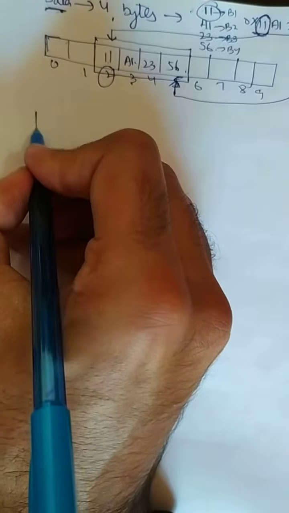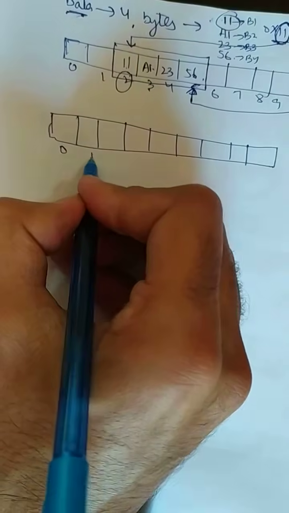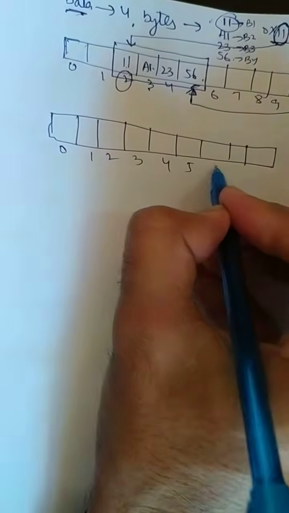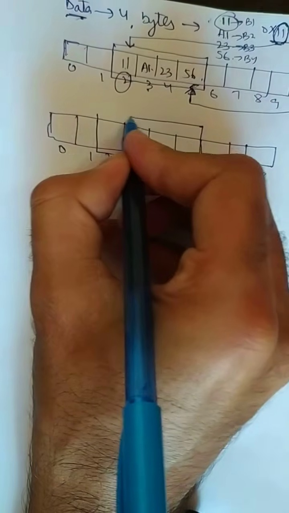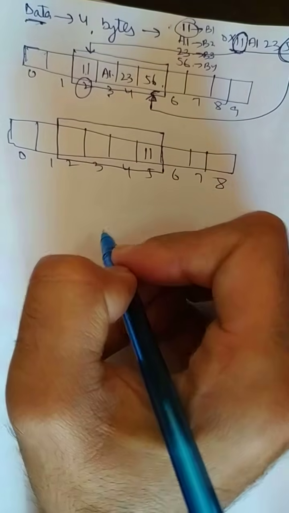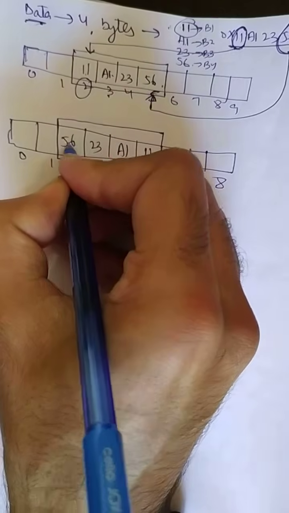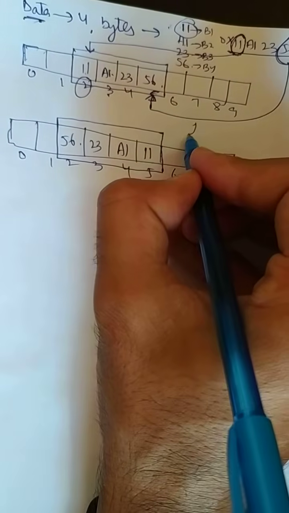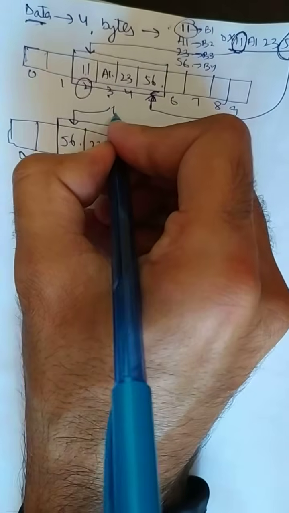Another approach: let's say I have to store the same data in memory locations 0, 1, 2, 3, 4, 5, 6. Store 11 here, then A1, then 23, then 56. Here the most significant byte is stored at the higher address and the least significant at the lowest address.